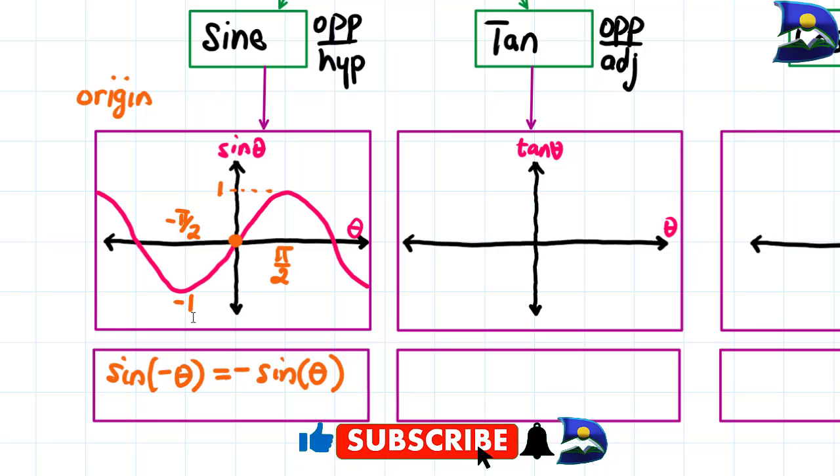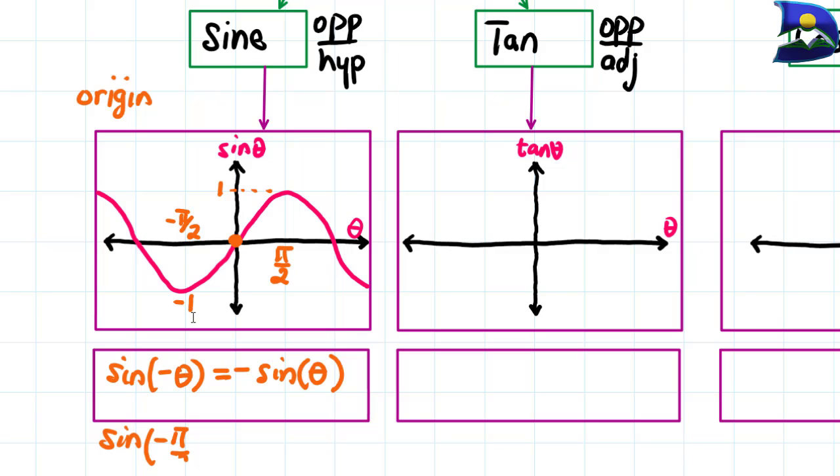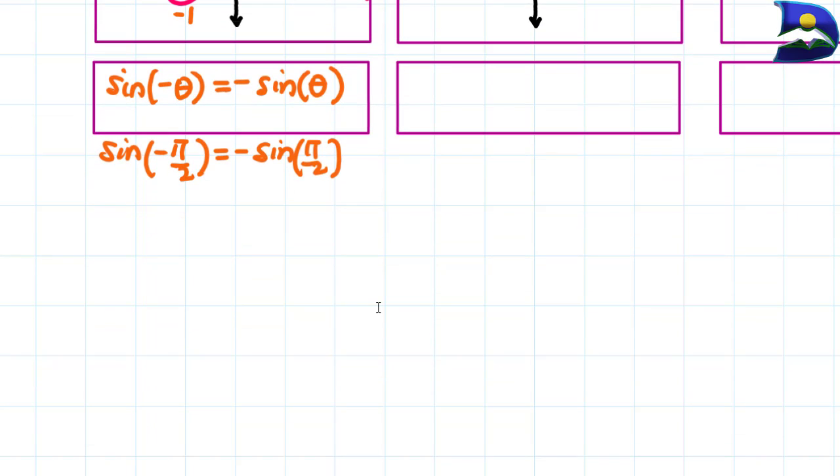Therefore, for example, sine of negative pi over 2 is equal to negative of sine of pi over 2. We have sine of negative pi over 2 equal to negative 1, and this is equal to the negative in the bracket times sine of pi over 2, which is 1. Therefore, this negative sign multiplied by 1 gives us what? Negative 1.